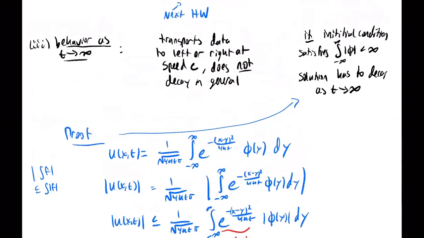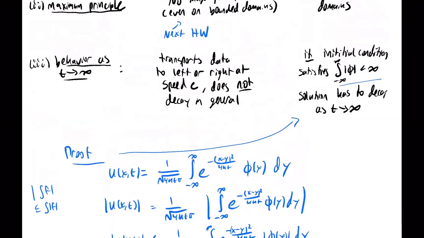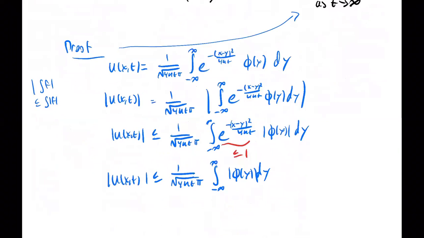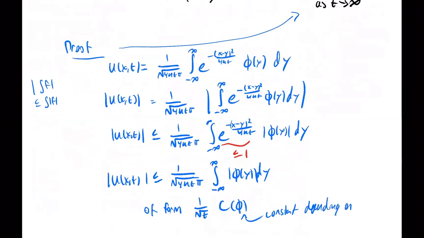And we're assuming, right up here, that this quantity was finite. And so this is just some number. And so this is of the form, well, I have 1 over the square root of t, and then I have some constant depending on phi, but it's independent of t.